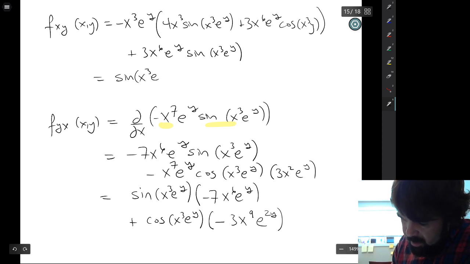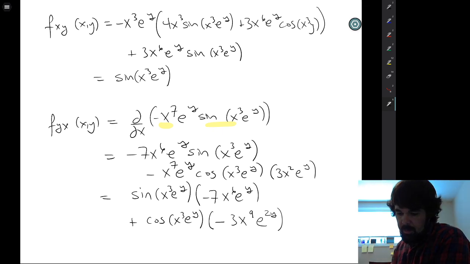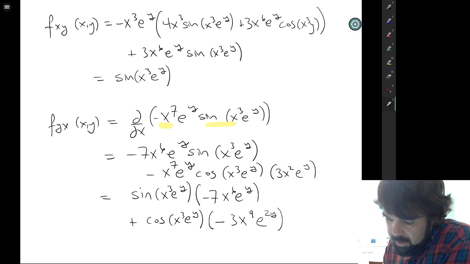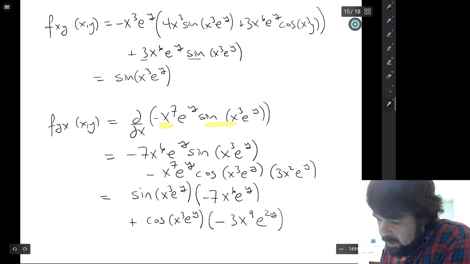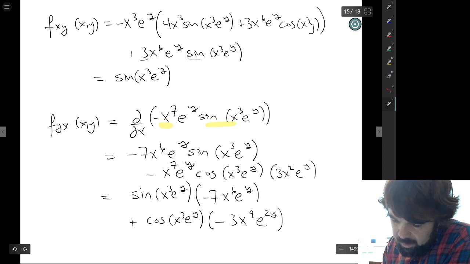Sine x cubed e to the y. Okay. I'm worried that I've got different answers, but let's see. I have, for sine, there's a 3 there. Oh, there's a negative. I'm missing a negative somewhere. Yeah, that should be minus, I think.